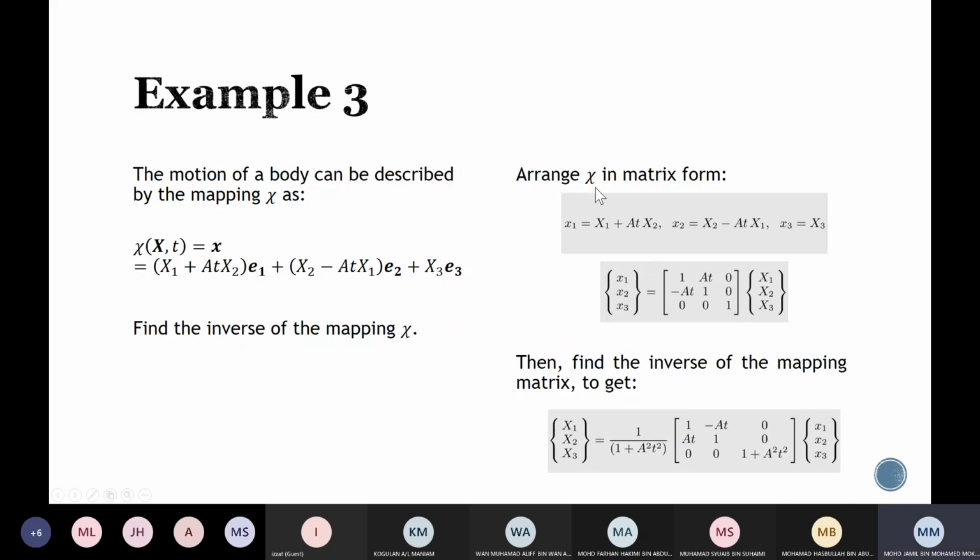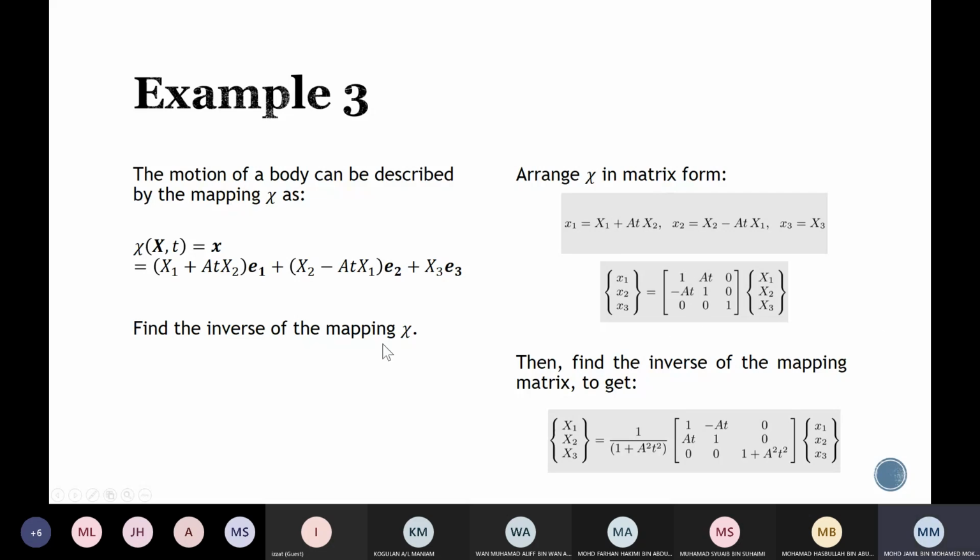So firstly, arrange the mapping chi in matrix form. You can write small x1 equals big X1 plus alpha big X2, small x2 equals big X2 minus alpha X1, and then small x3 equals big X3. So you can write this in matrix form.